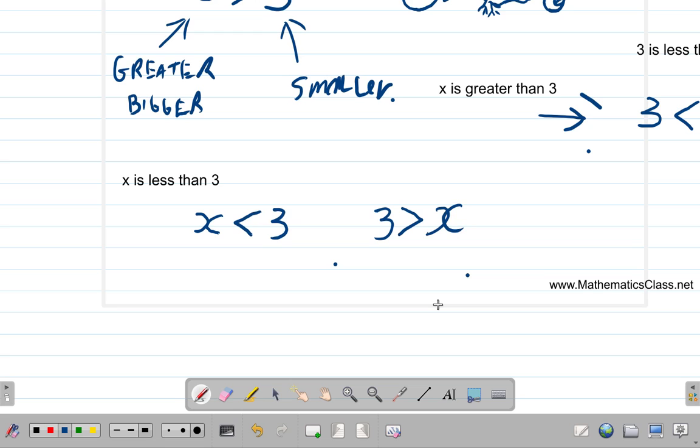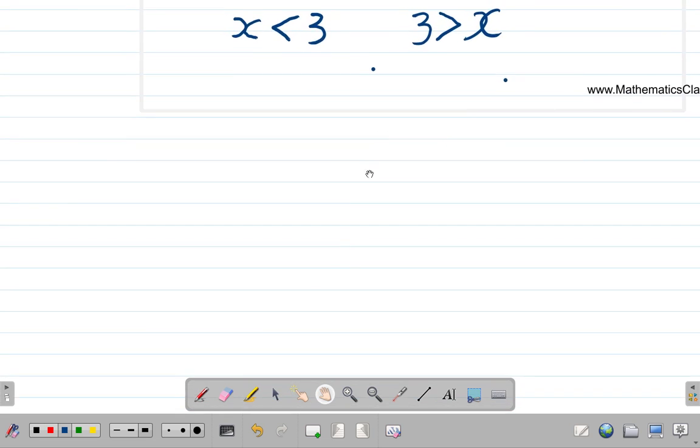Now, suppose you have this inequality, x is greater than 3, and you put down some numbers.